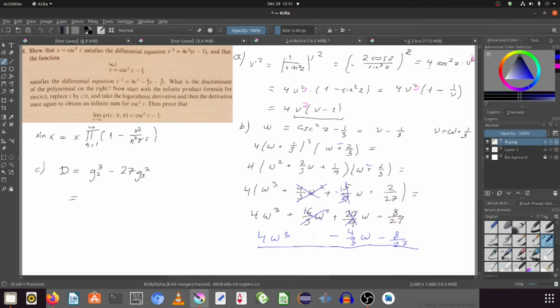So g2 is 4/3, that's 64/27 minus 27 times g3, that's 64 and 27 squared, that's a lot.